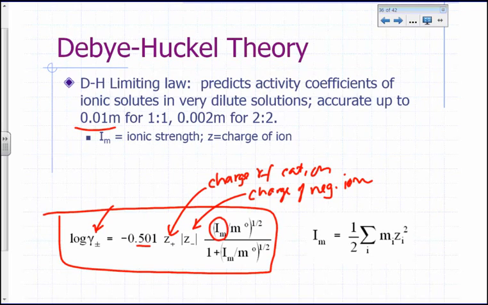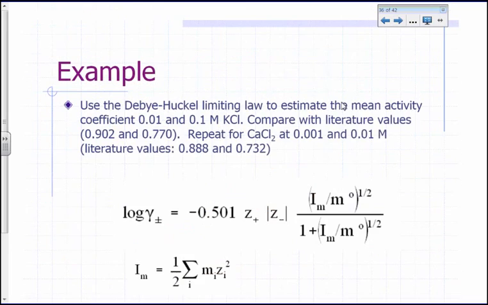I sub m here is called the ionic strength, and m naught is 1 molar. You calculate the ionic strength by multiplying the molality for each ion present in the solution by the square of its charge, adding them all up, and then dividing by 2. So this is the Debye Huckel limiting law. Let's illustrate that.